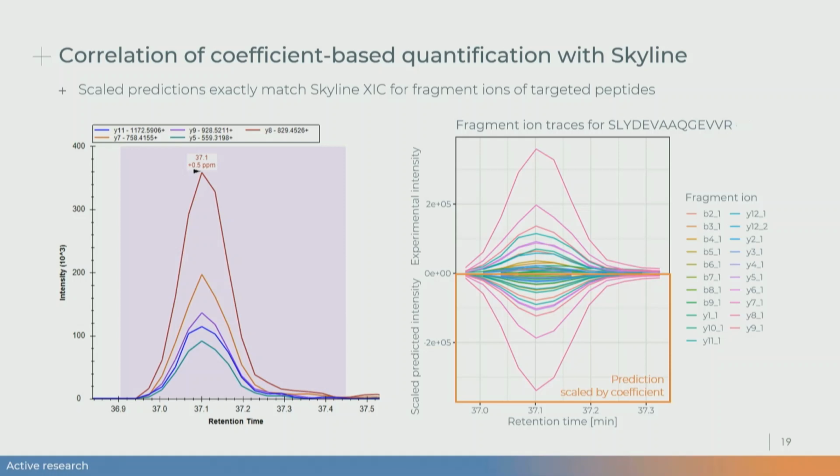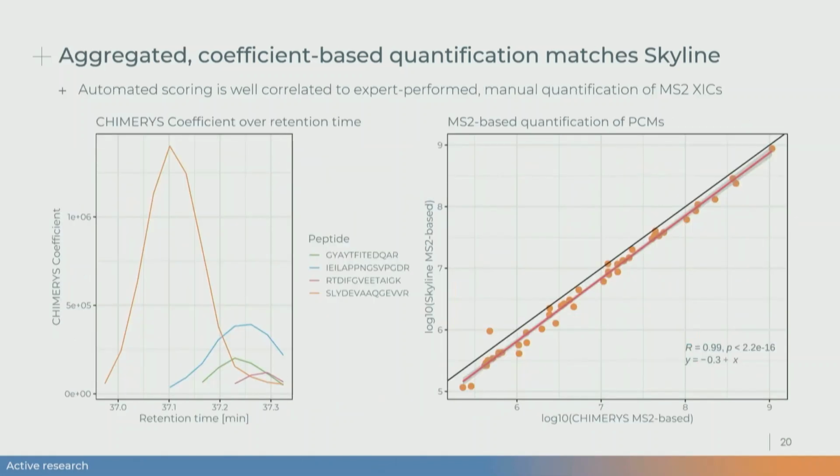And if you do that more systematically and now sum up the contributions of every peptide and trace that across retention time, what you get is these Chimeras coefficient or contribution over retention time plots. And you see that in that particular window here that was used to target the orange peptide, there's actually a couple more peptides that are eluting.